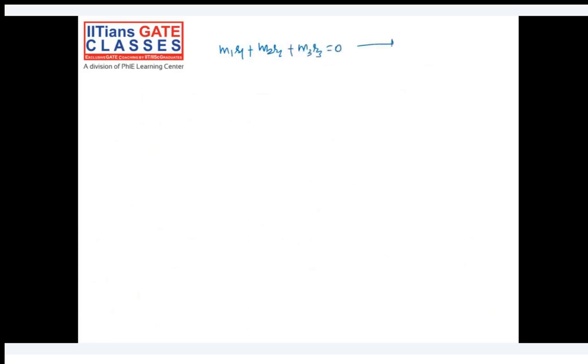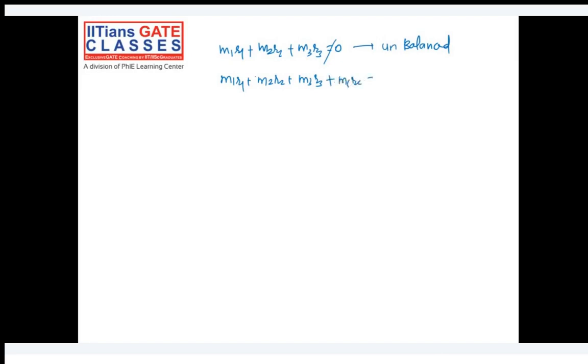If it is not balanced and we are making it balanced by using MCRC, I can write it as M1R1 plus M2R2 plus M3R3 is not equal to 0, unbalanced we can say, and we are making it balanced by using MCRC and then equal to 0.